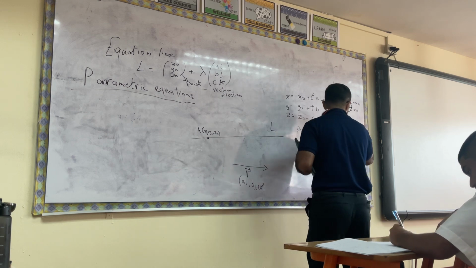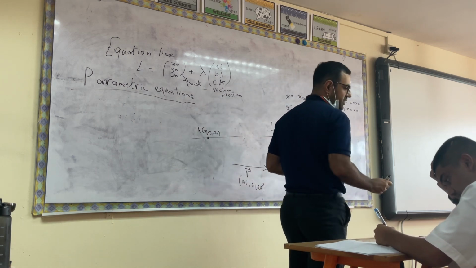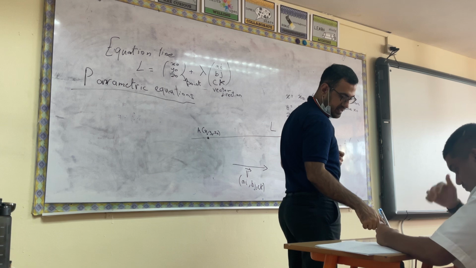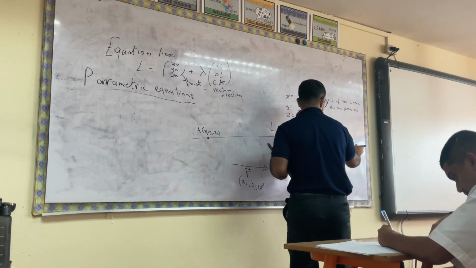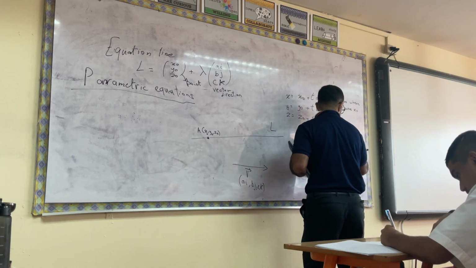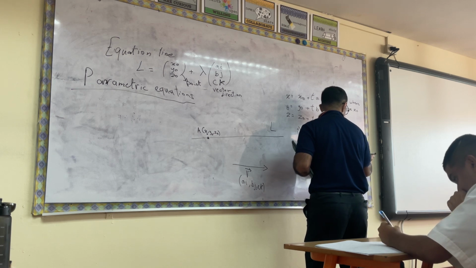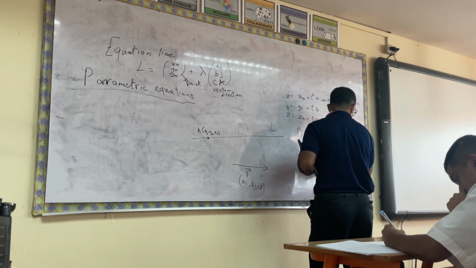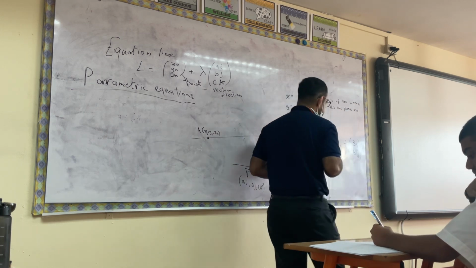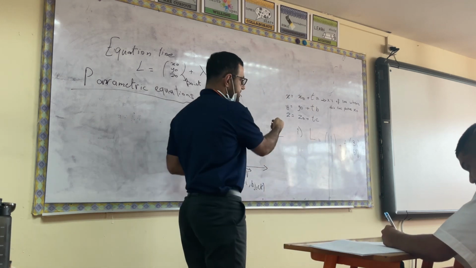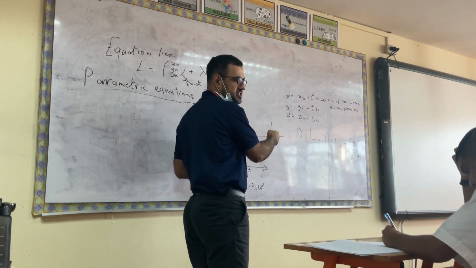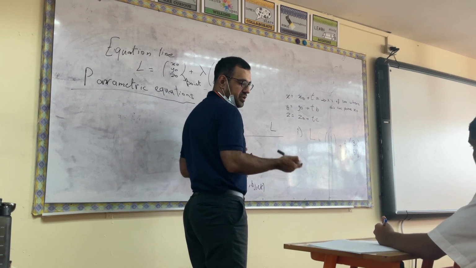And the vector I have is PQ, which is 3i, 5j, 6k. Done. So this is the equation of the line for question 2.